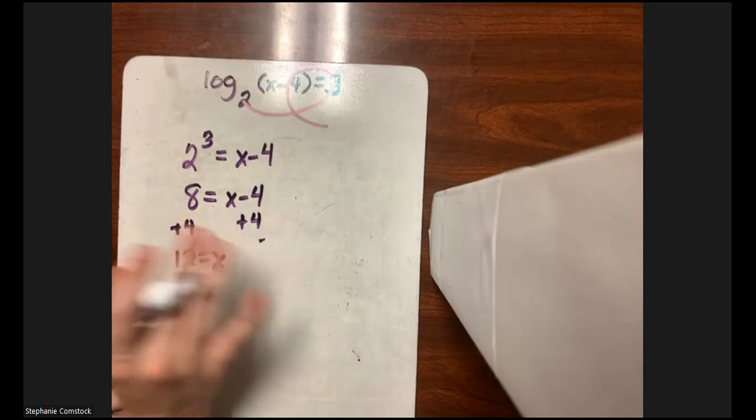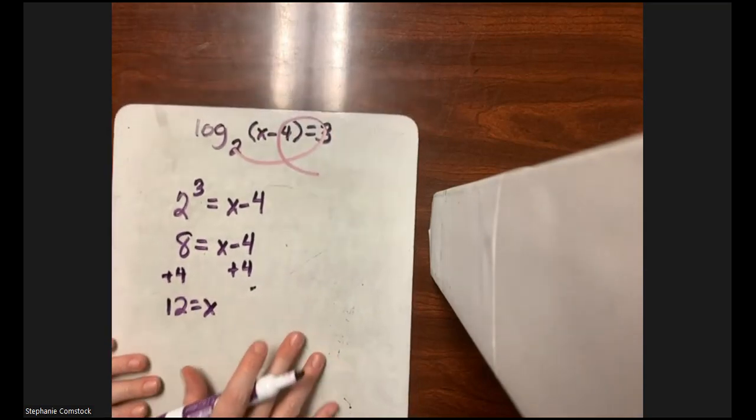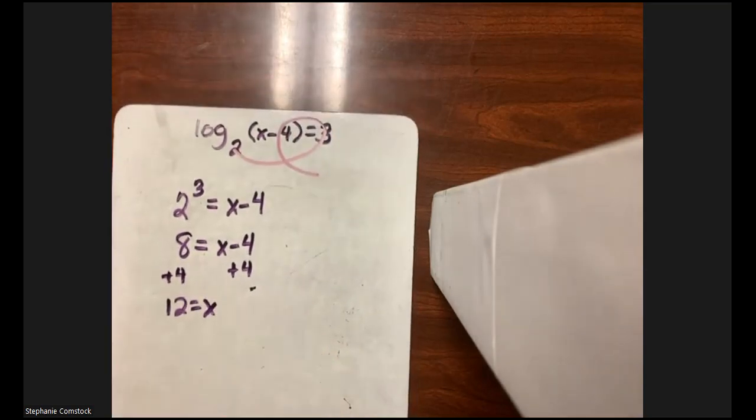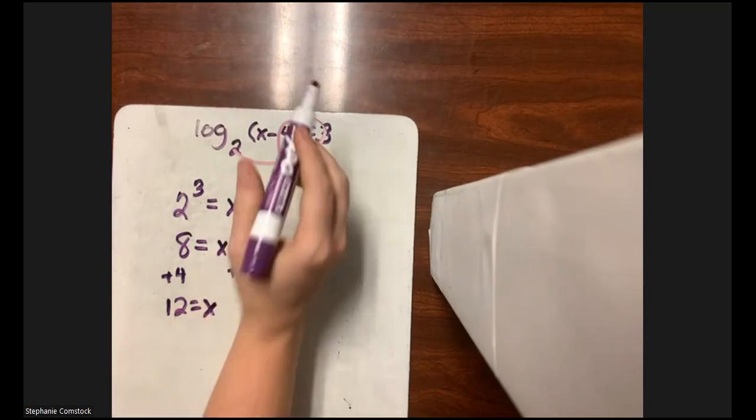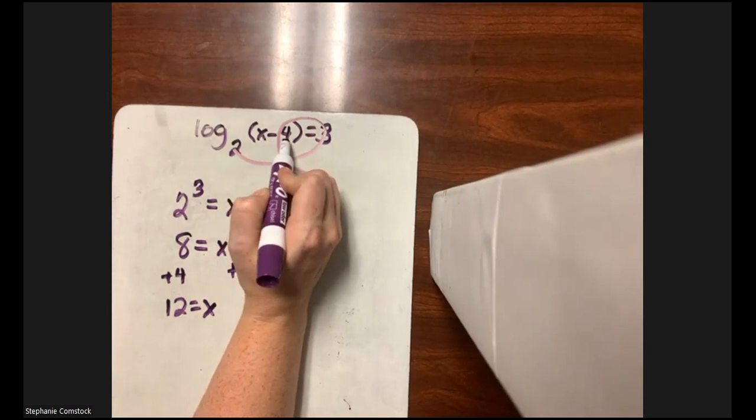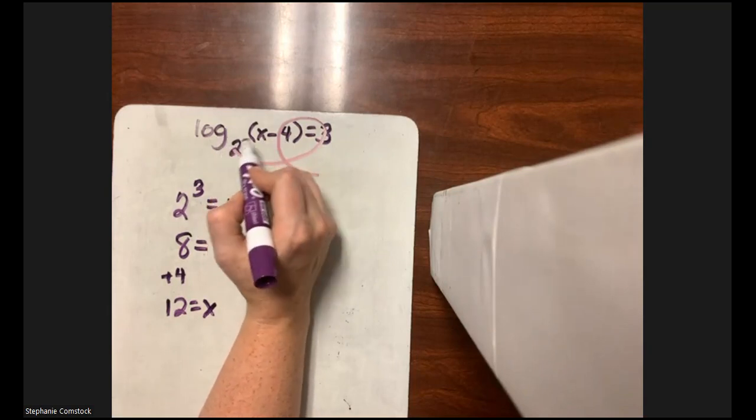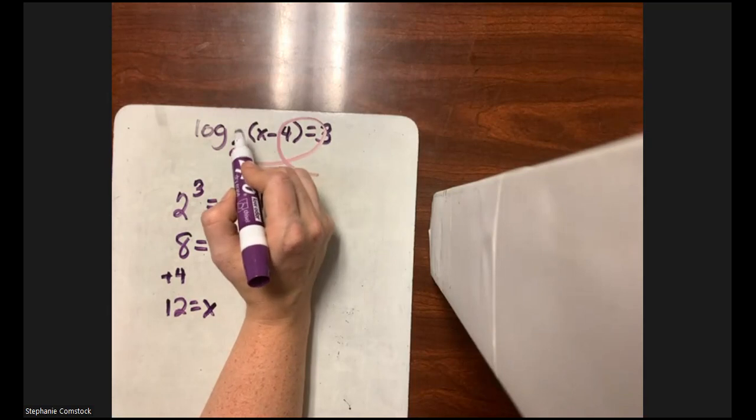Now, because we are working with log equations, we do need to do a quick check. I'm not necessarily plugging this back in to see if it all the way processes through, but I do want to make sure that I'm not going to get answers that cause concerns for us. So for example, if I plug this in, 12 minus 4 is 8. I can take the log of 8, because that is taking the log of a positive number.